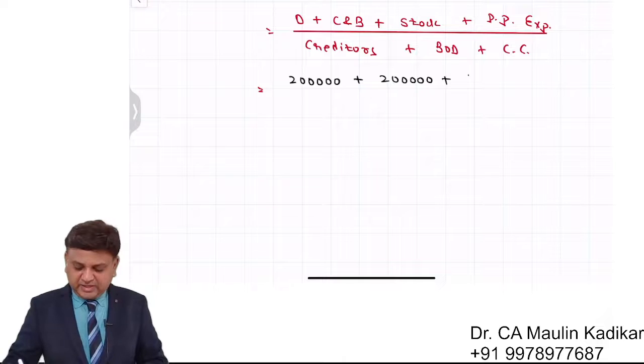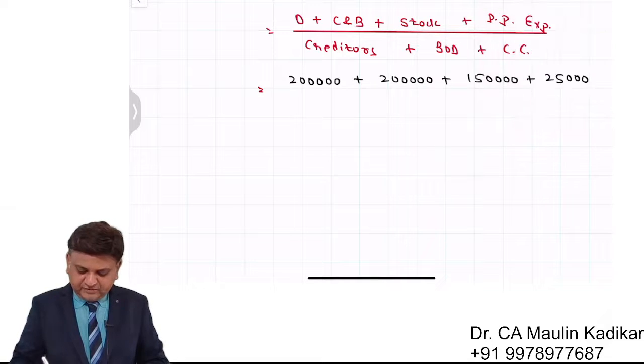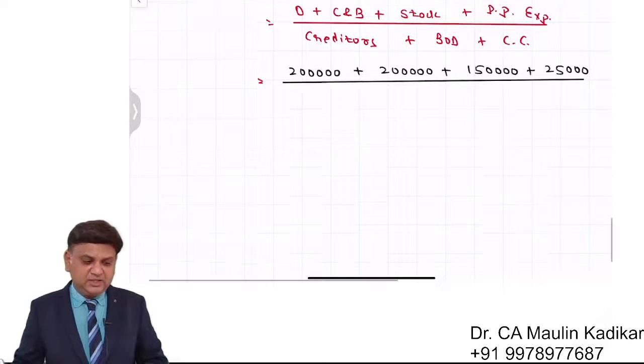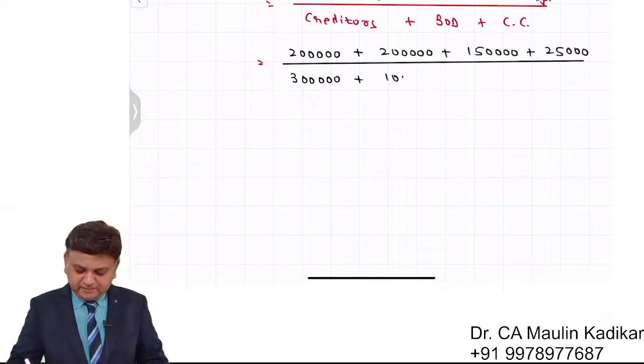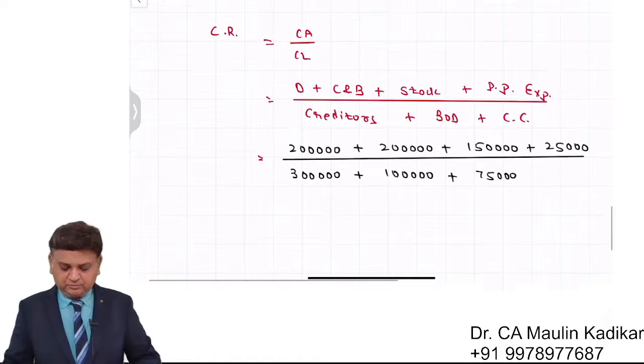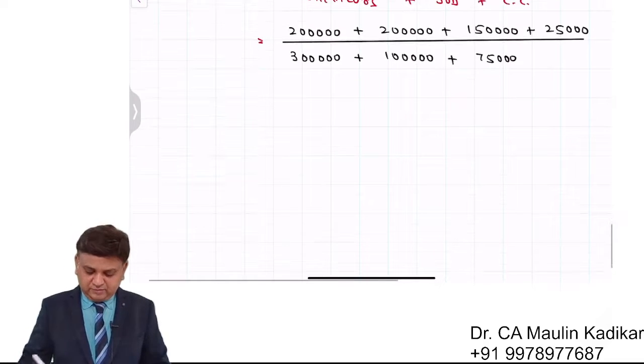Amount of the stock is 1,50,000. Prepaid expenses are 25,000. Whole divided by creditors 3 lakhs. Bank overdraft 1 lakh. Cash credit 75,000. That is what we have.